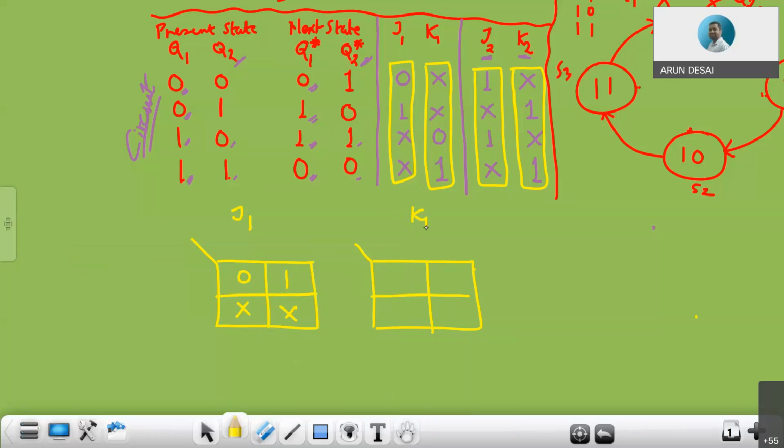J1 and K1, for K1: don't care 0 1, right? Those are basically Q, Q1 and Q2, 0 1 0 1 0 1 0 1, so those are basically Q1 and Q2.